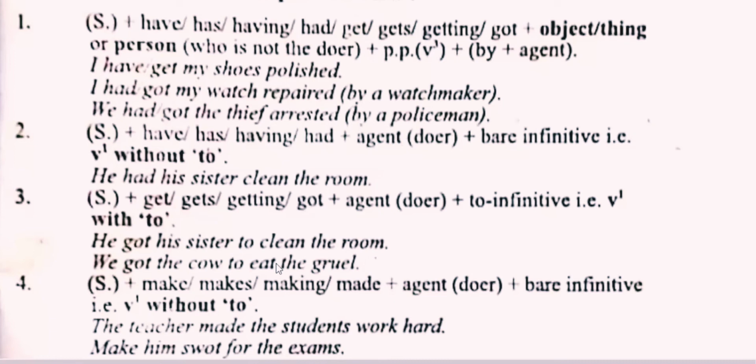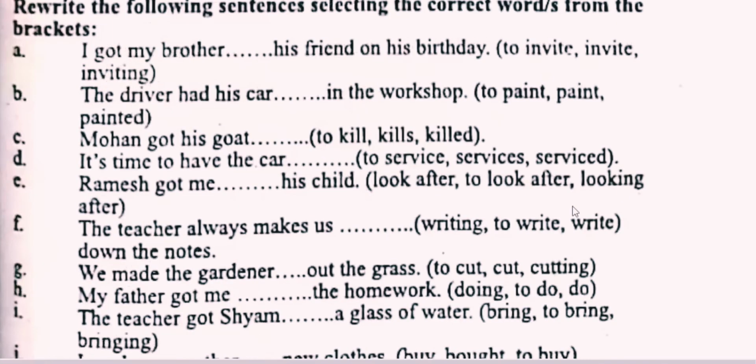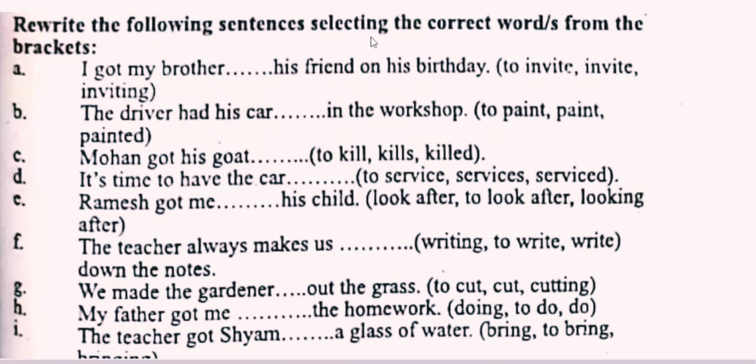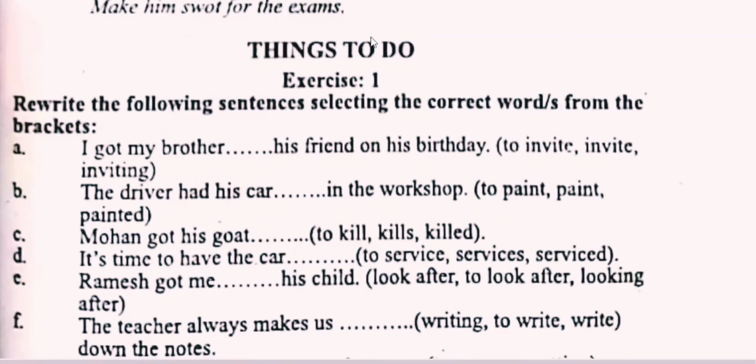These are the examples. Here I'm going to talk about a few questions and answers so that you'll be clear, and I'll be asking you. Okay, here, things to do in exercise 1. Number A, I got my brother to invite his friend on his birthday.